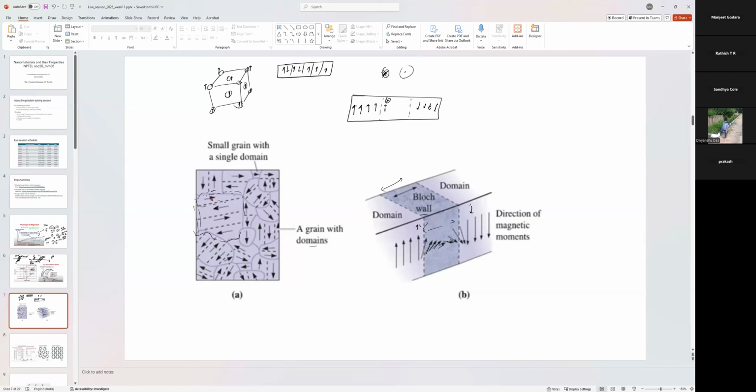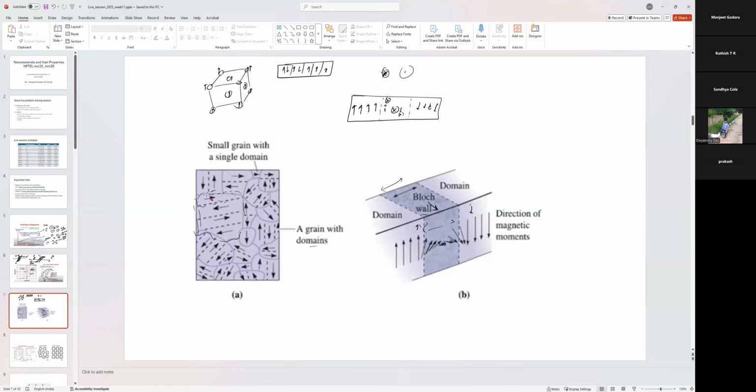At one point, it will be completely perpendicular to the surface, and gradually it will spin. It's difficult to demonstrate in 3D, but we can imagine this. These ones are pointing outside the surface.